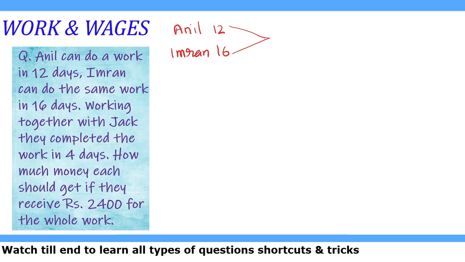Anil does the work in 12 days and Imran does in 16 days, and the LCM of 12 and 16 is 48.